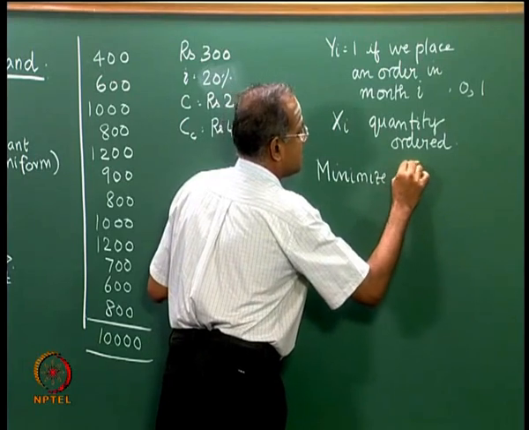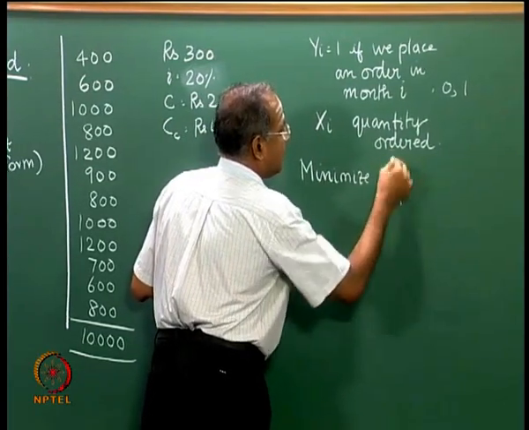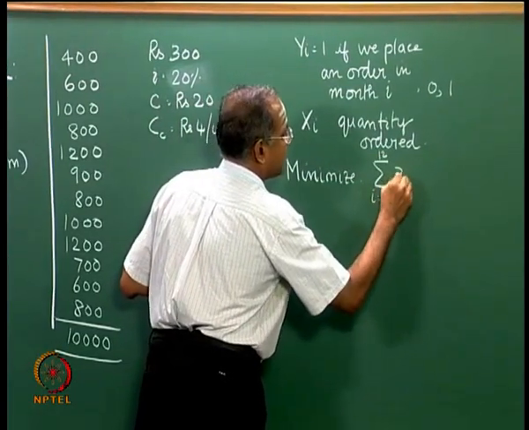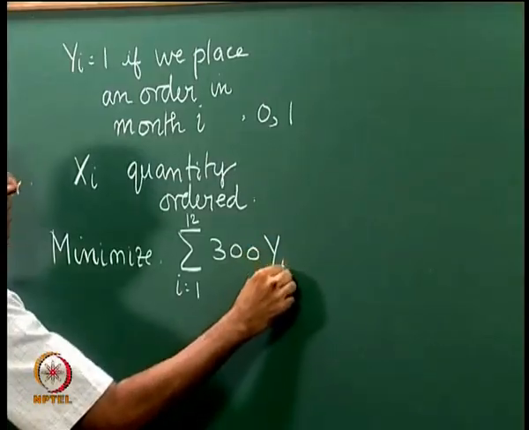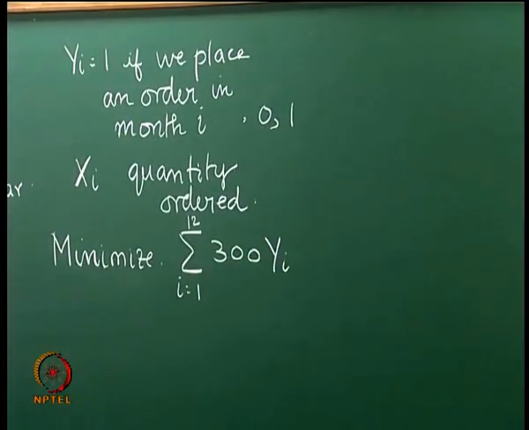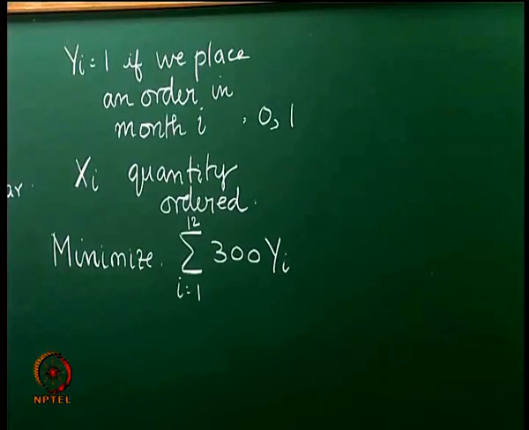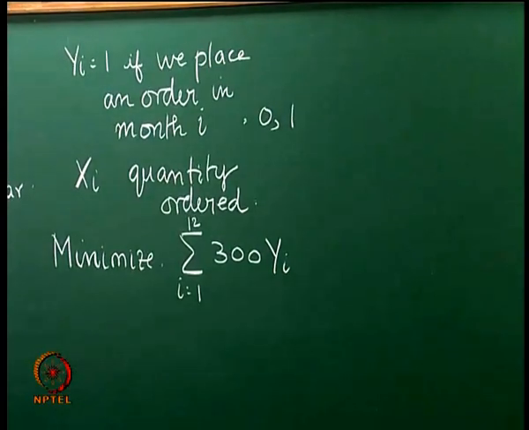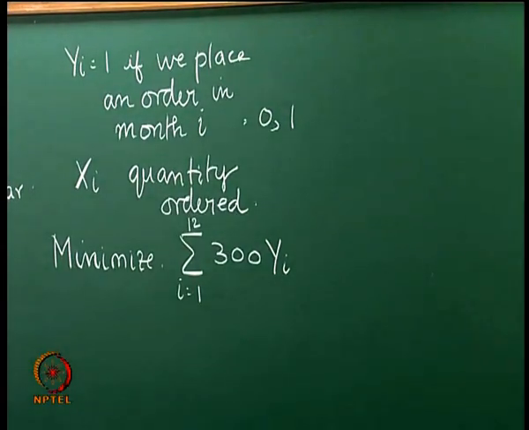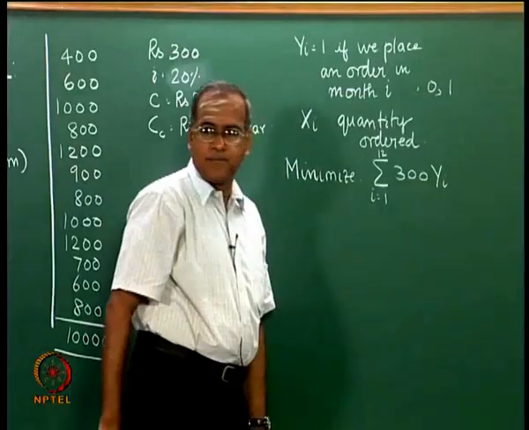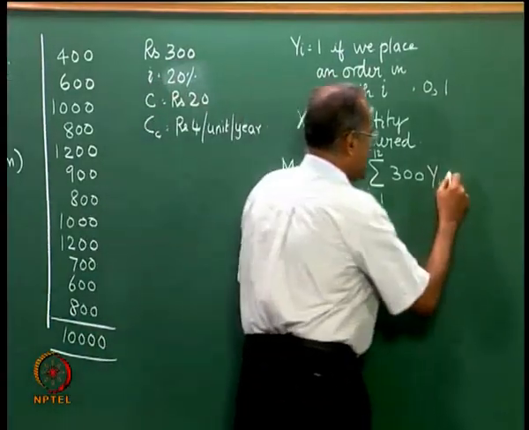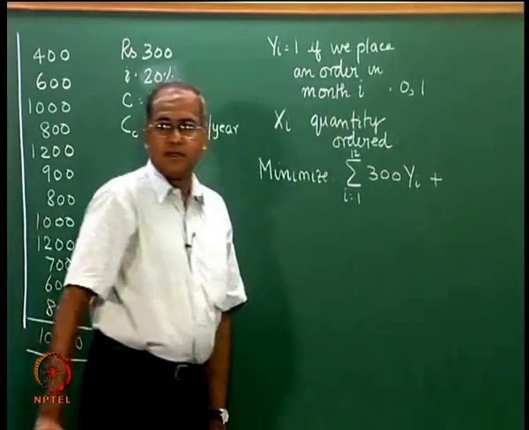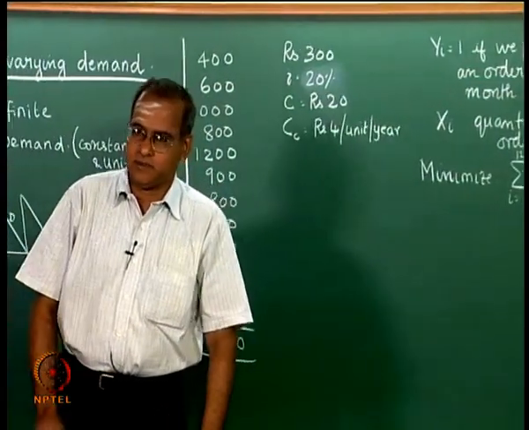So objective function will be to minimize the order cost plus carrying cost. So minimize sigma i equal to 1 to 12 of 300 yi, because every time an order is placed, if yi equal to 1, then we incur 300, which is the order cost. So this is the total order cost component. Plus we also need to have the inventory holding cost for the items.